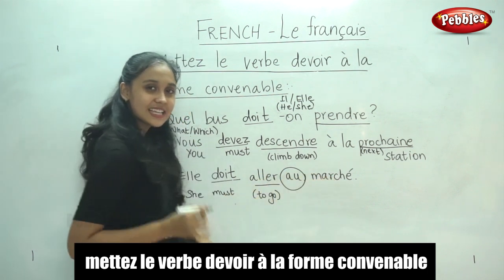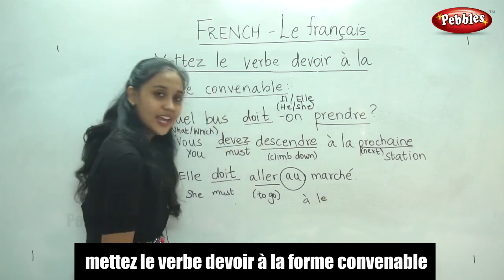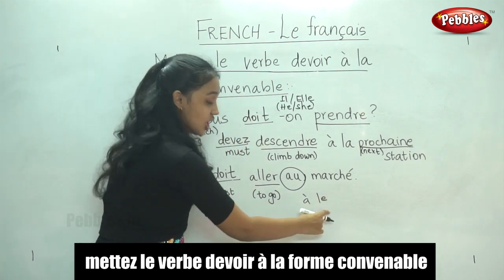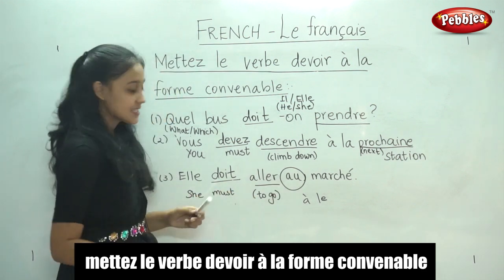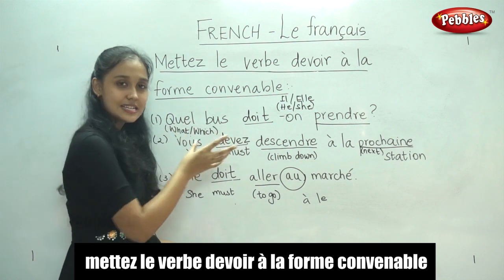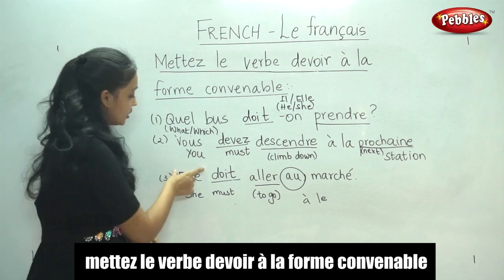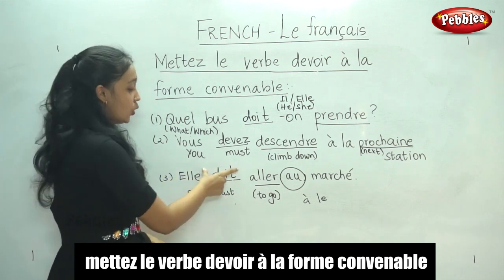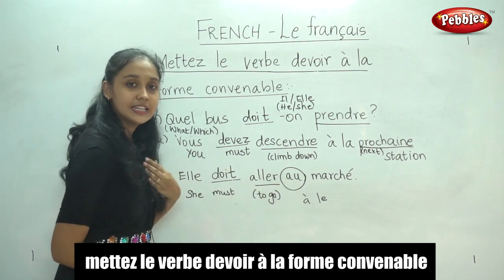Now marché is in the masculine form, so we would write à le. Now when à and le are joined together, we get au. Do you remember that? Yes. So au marché. Just like this, when you are given some sentences, I would like you to first note down which is the subject pronoun, which are the verbs, and which are the concepts that we have already learnt.